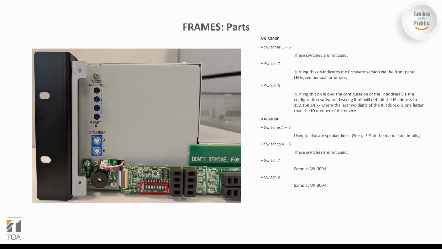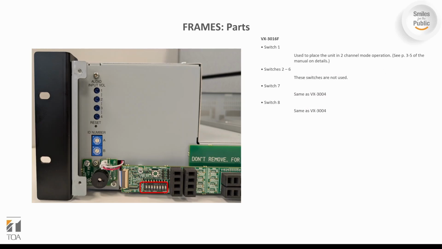For the VX3008F frame, switches 1 to 3 are used to allocate speaker lines. See page 3-5 in the manual for details. Switches 4 to 6 are not used. Switch 7 is used in the same way as the VX3004 frame, and so is switch number 8.